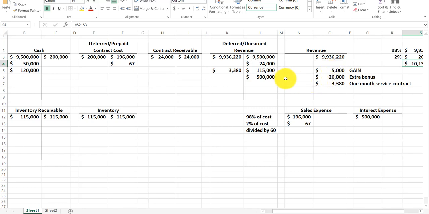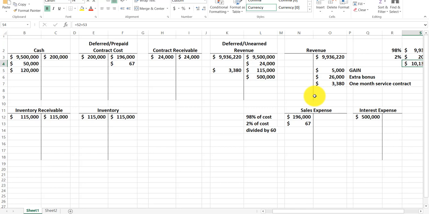We actually finished in 11 months. So instead of getting a $24,000 bonus, we actually get a $50,000 bonus, which means we receive $50,000 in cash. We credit the contract receivable for 24, and the difference of $26,000, or the extra bonus, is also revenue.